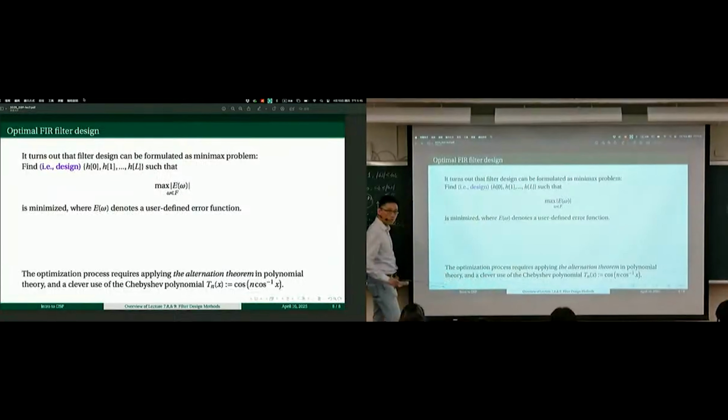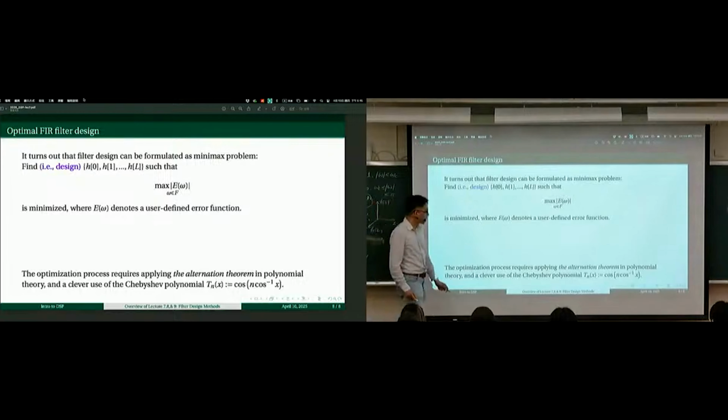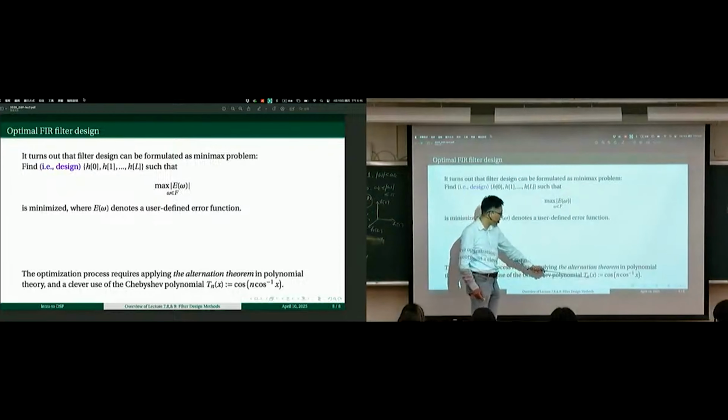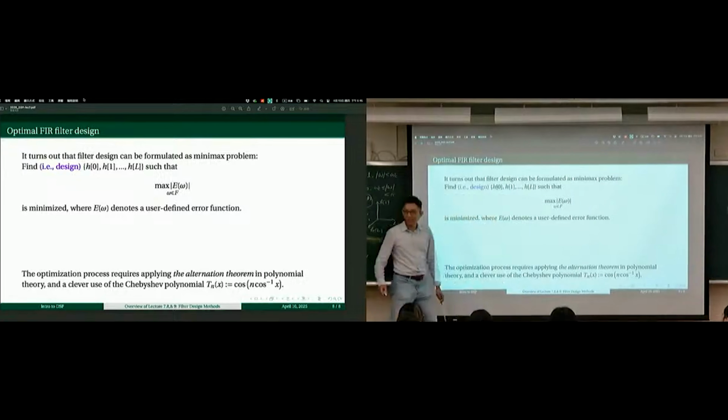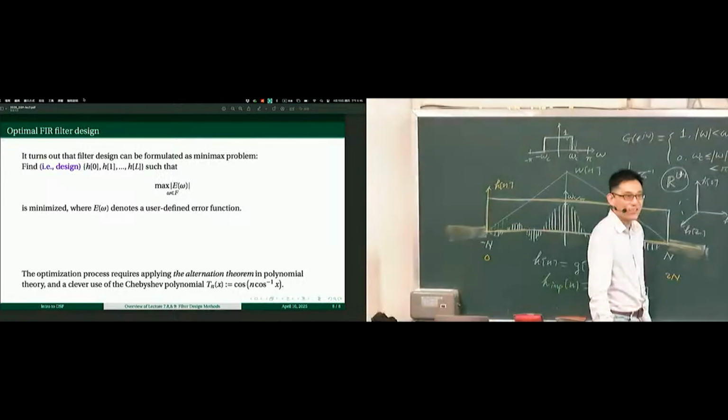And the Chebyshev polynomial does not look like a polynomial at first. Let me explain. The Chebyshev polynomial T_n, the nth order Chebyshev polynomial, is defined as cosine of n times arccosine of x. It's actually a polynomial for any integer n. This is kind of interesting.